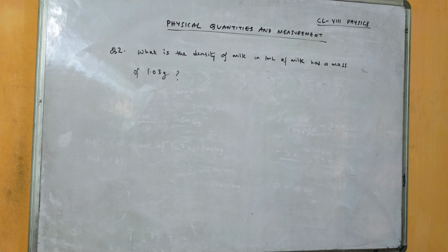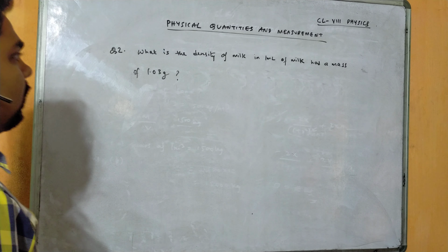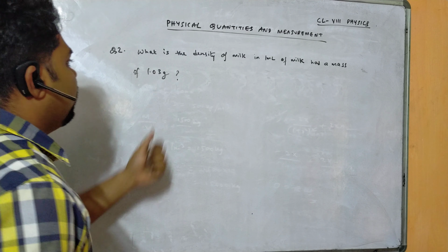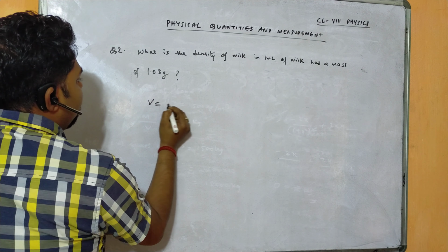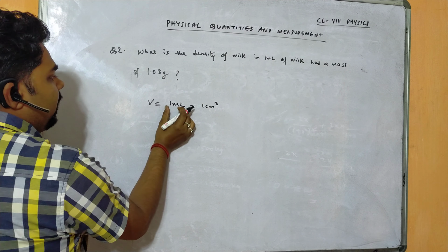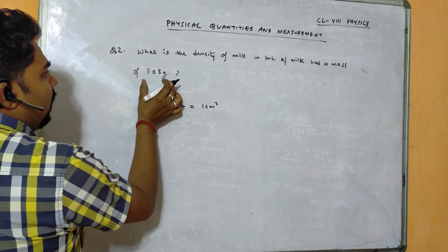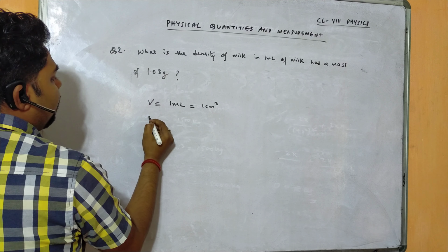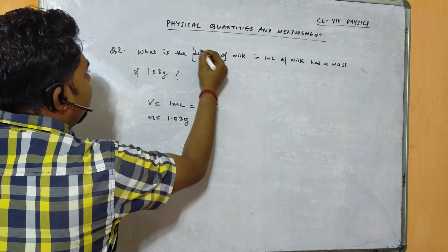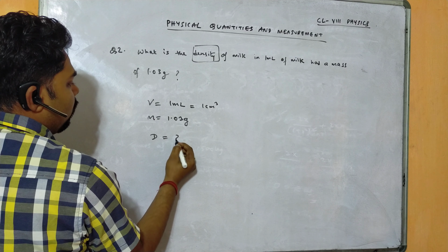Next question we have on the board: what is the density of milk if 1 milliliter of milk has a mass of 1.03 gram? So volume is 1 milliliter, this can be written as 1 centimeter cube. Okay, 1 milliliter equals 1 centimeter cube, and mass we have 1.03 gram. What do we need to find? Density. That means density equals question mark.